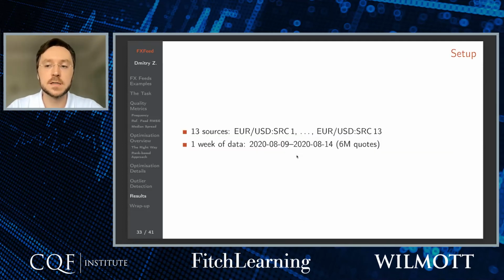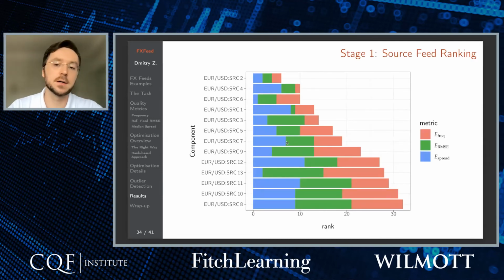Right, now finally for illustration. 13 sources of Euro-USD currency rates and 1 week of data. Now, stage 1, as you may recall, is source feed ranking. We computed the 3 metrics, and then we ranked them and summed the ranks.